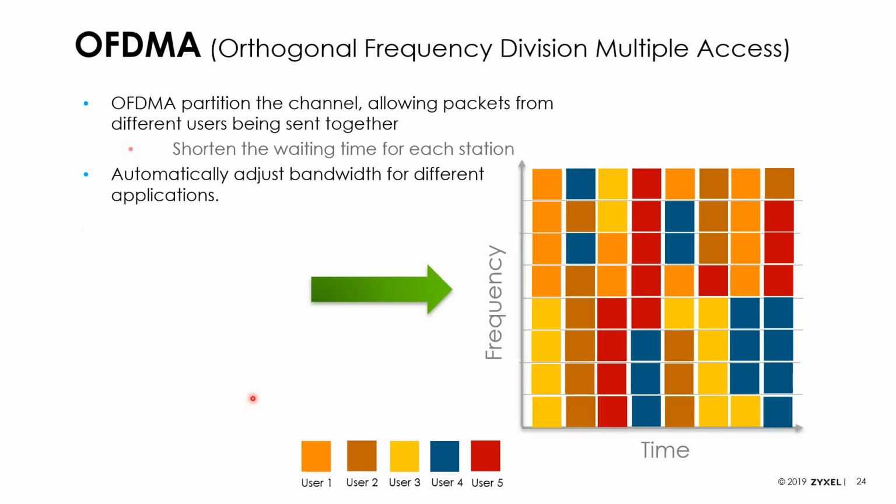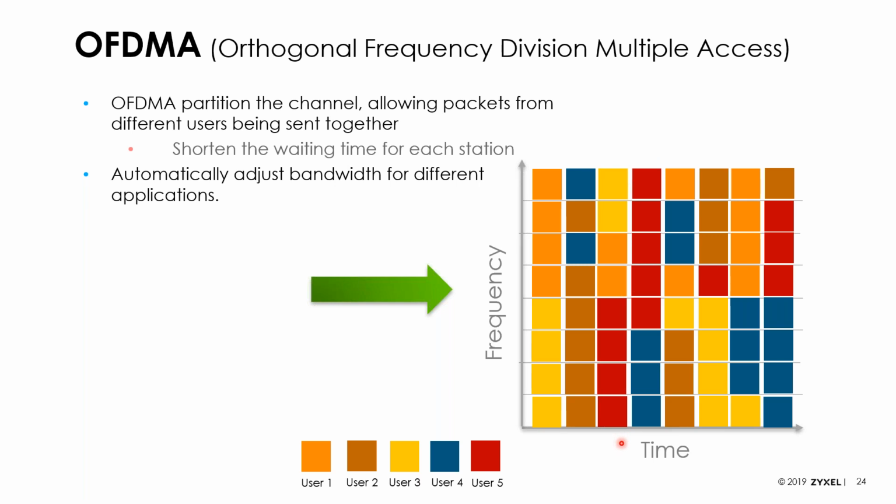So the first improvement is OFDMA, or orthogonal frequency division multiple access. Many clients can share the same time slot on that frequency, so up to 30 different devices can talk to the AP at the same time. As we look at the similar chart here, we can see that in this time section we have 2 clients talking at the same time, then 2 clients, 3 clients, etc., and it can be up to 30 clients at the same time.